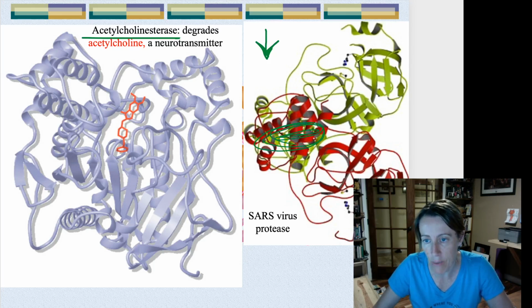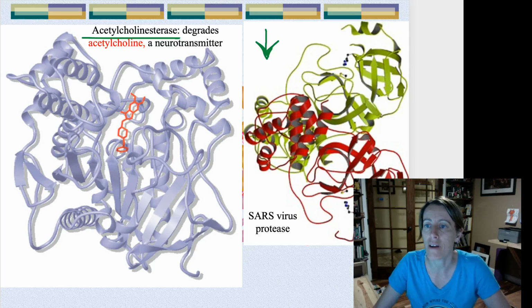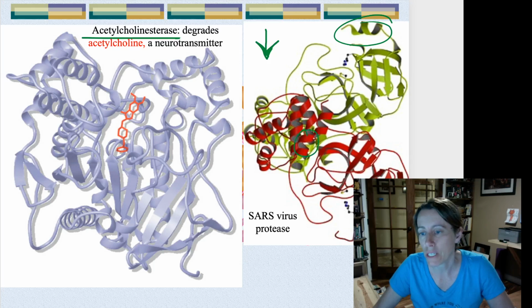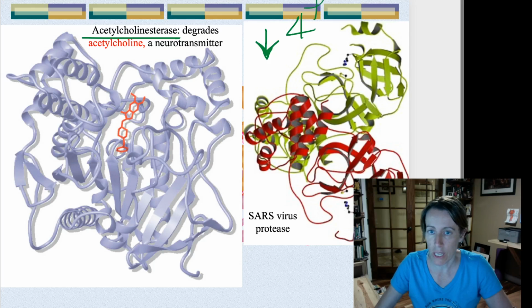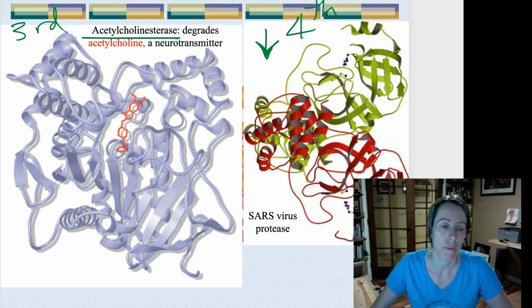There's some interactions going on here. And you can also see alpha helix. You can see beta sheets. So this is another ribbon diagram showing quaternary structure. This is showing tertiary structure. Both ribbon diagrams.